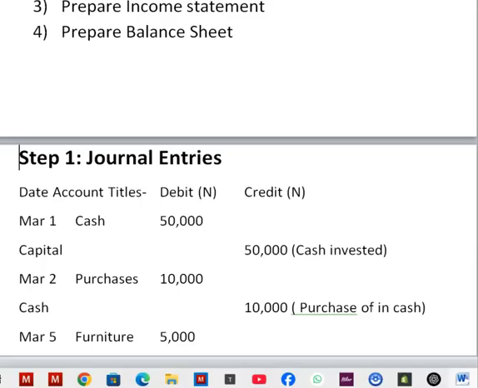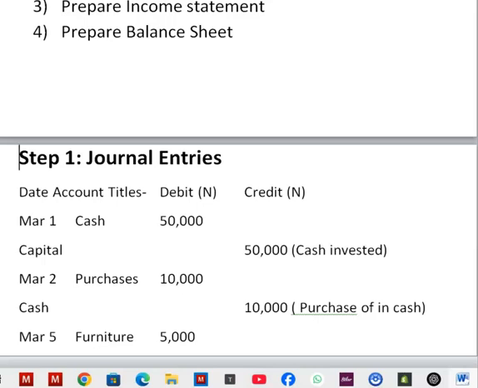The first transaction is the investment of 50,000 naira into the business with cash. Now, this is a single transaction, and there are two folds of accounts. One is cash, the other one is capital. When you start a business, the money you introduce into the business from the beginning is called capital, startup capital. So that's one leg of the account.